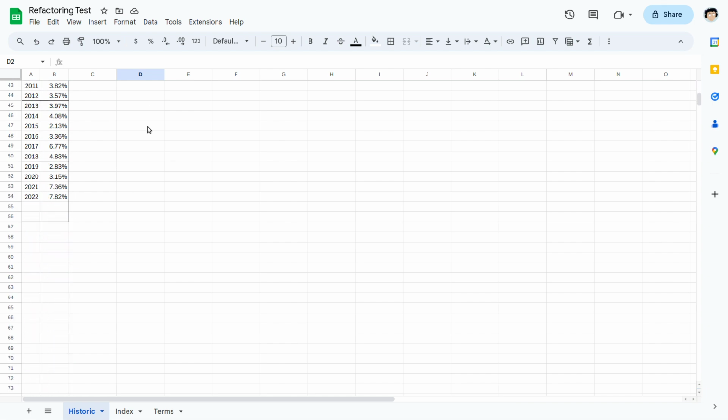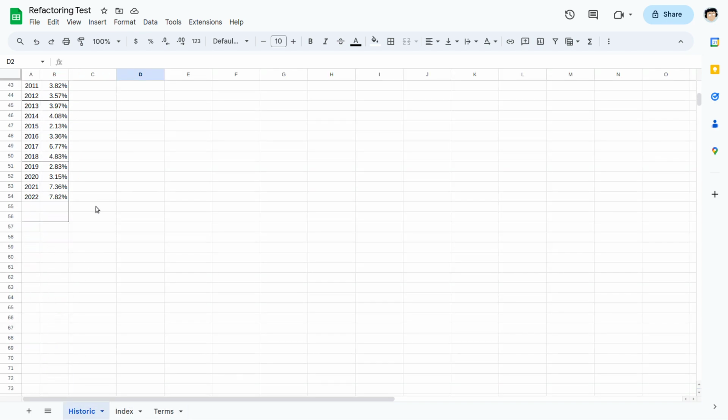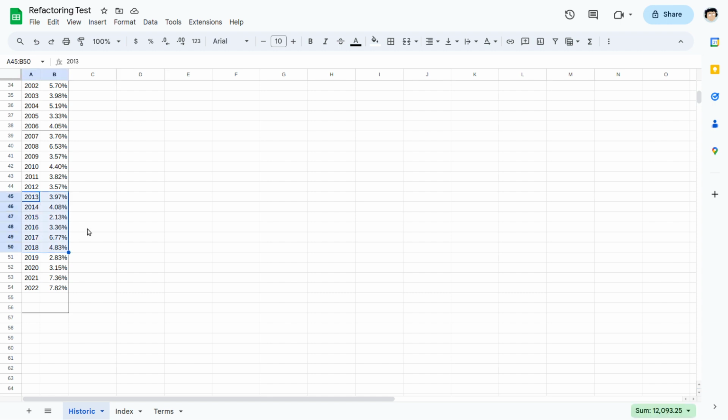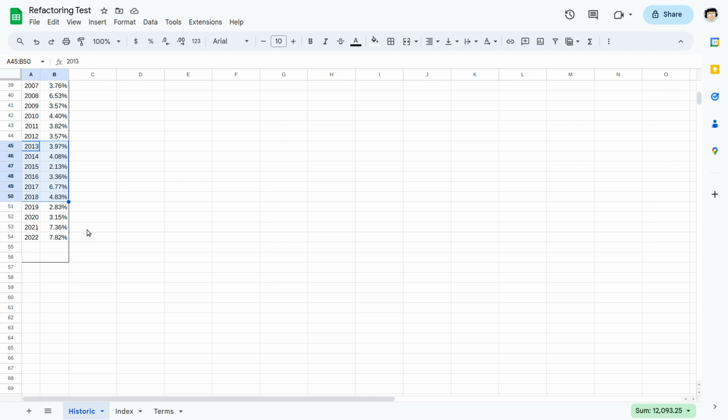So in this spreadsheet, what I want to do is essentially find out the amount of inflation that happened in a 6-year period, because those are the presidential terms in Mexico.